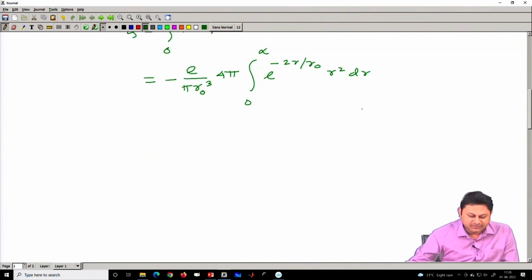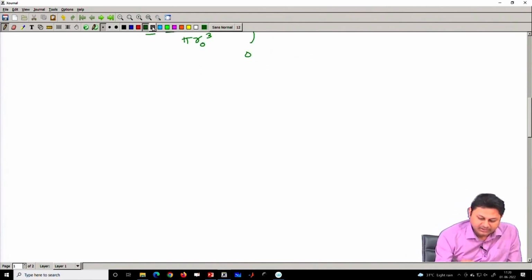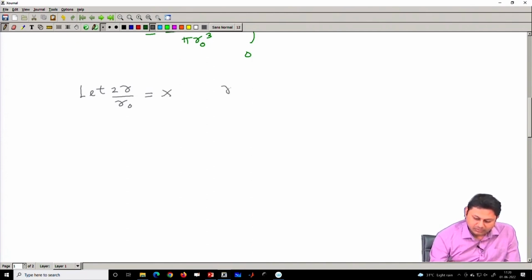Now, this integration is a special kind of integration, so we are going to discuss that. That is why I put this problem here. Let 2r divided by r naught be a new variable, say x, so that r square is simply r naught square divided by 4 times x square.